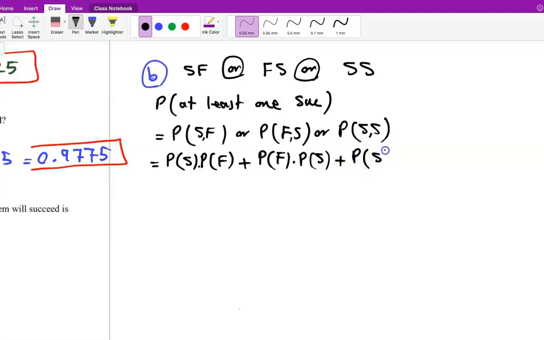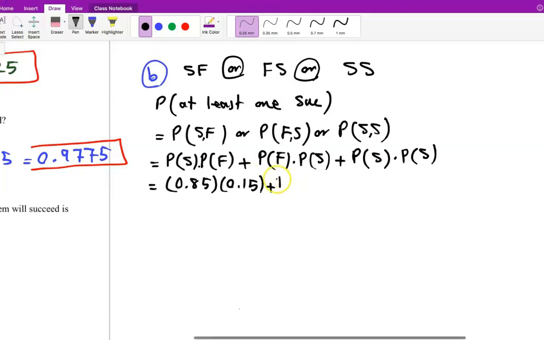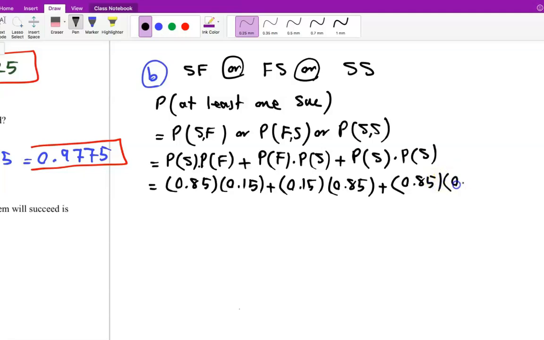Here same thing, the probability of success, multiply by the probability of success. That is equal to the probability of success, which was given as 0.85, and fail is 0.15, plus here fail is 0.15, 0.85, plus 0.85 multiplied by 0.85.